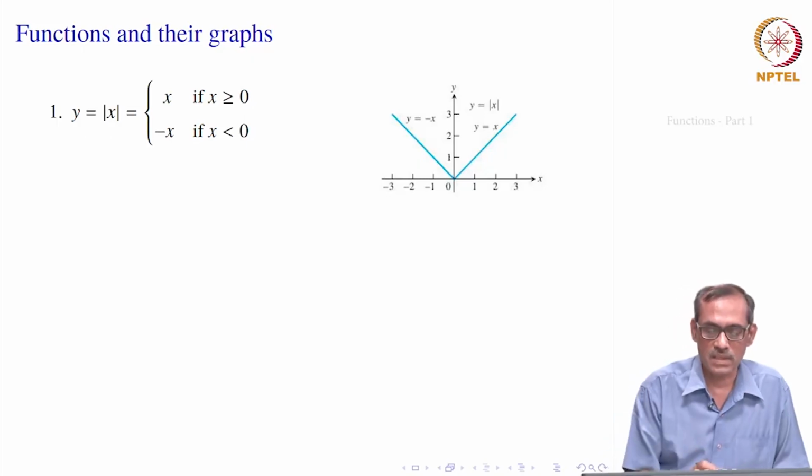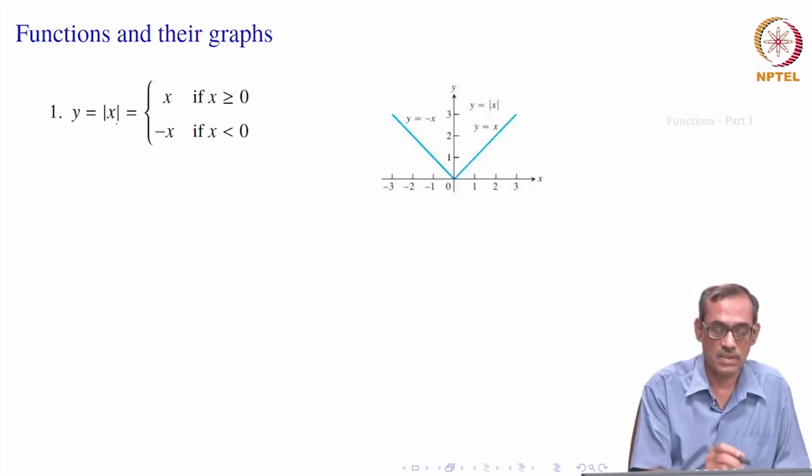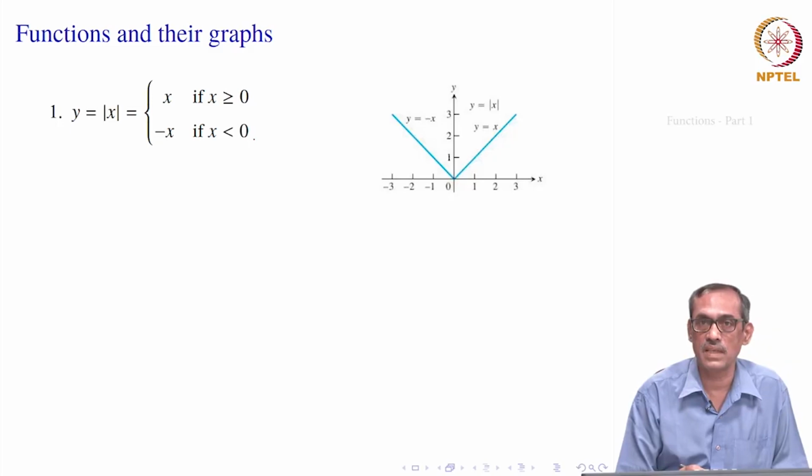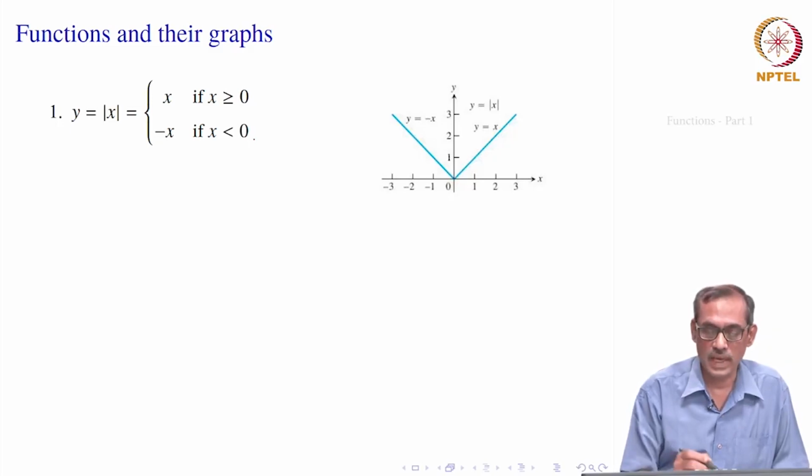So, now as we discussed in our last lecture, absolute value defines a function. The function is y equal to mod x, where it is x if x is greater than or equal to 0, and is minus x if x is less than 0. In this case we have seen its graph also. So, when x belongs to the right of 0 or even at 0, mod x is 0. So, it is that point.